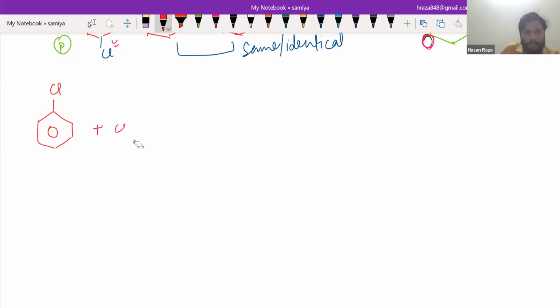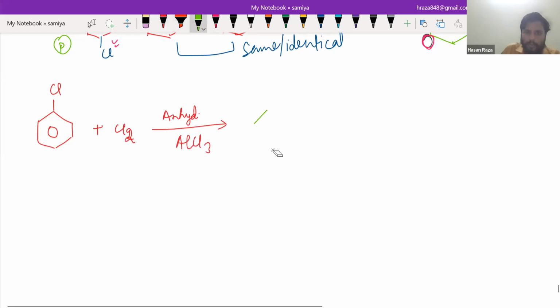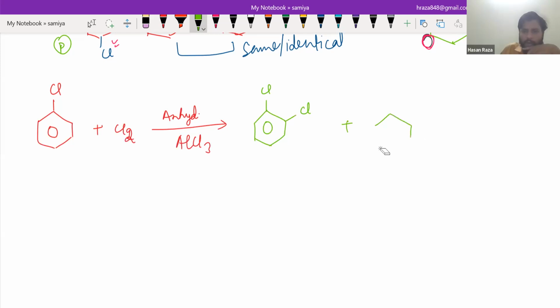So this will react with Cl2 in the presence of anhydrous AlCl3. One of the chlorines will go to this position and one will go to this position; this is ortho and this is para.